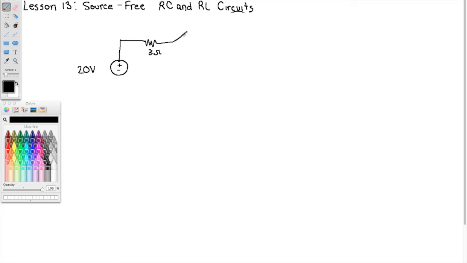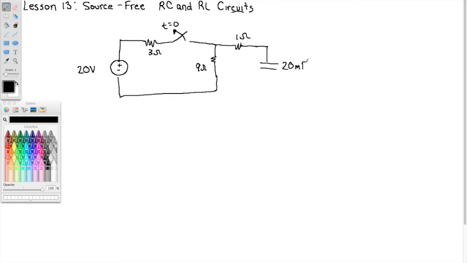And we're going to put a switch here. And we're going to switch at t equals 0 again. Put 9 ohms here, and 1 ohm here, and a capacitor of 20 millifarads. And we're interested again in the voltage across that capacitor, call it V.